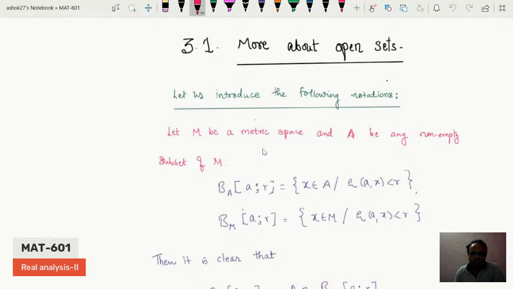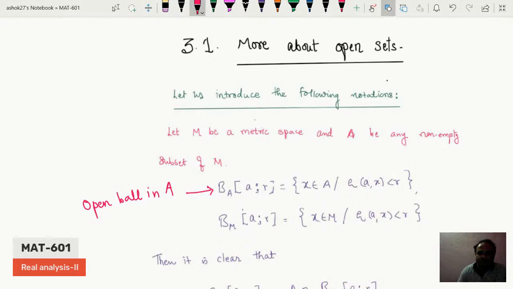Let M be a metric space and A be any non-empty subset of M. Then what is the open ball about a point with radius r in set A? B_A denotes the open ball in set A. Capital A is any subset of the metric space M.